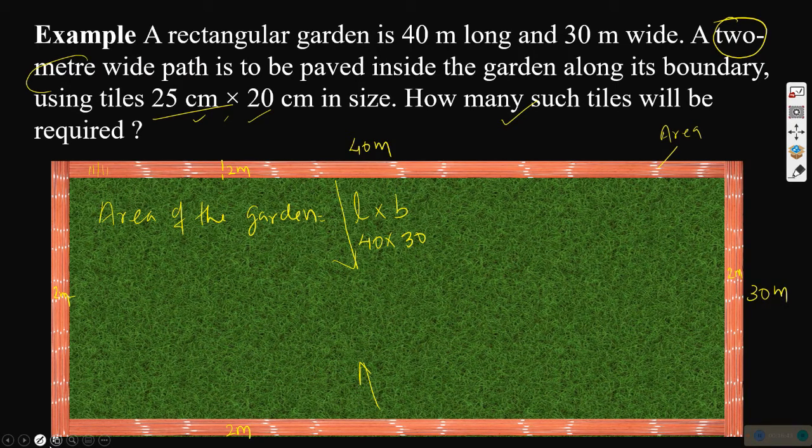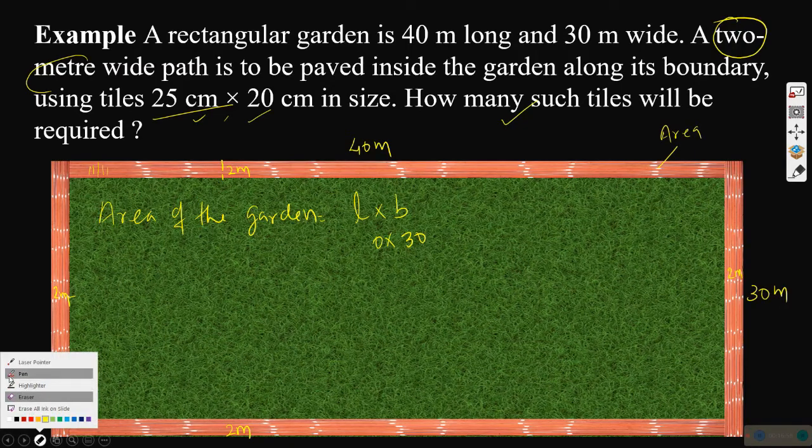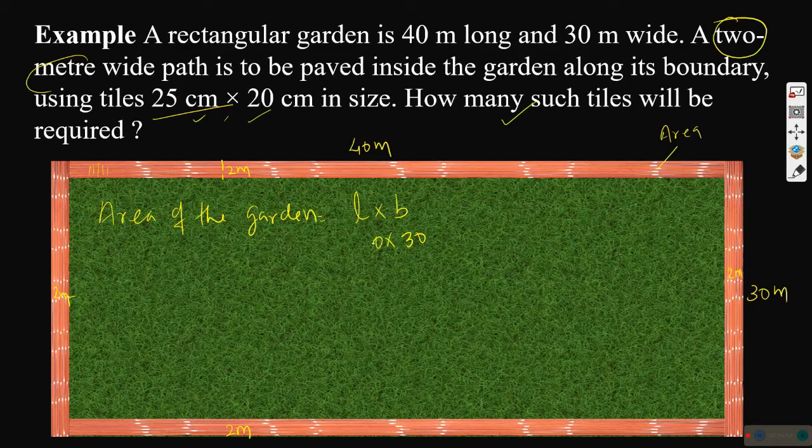Understood? Let me remove this. Okay. 40 into 30 is equal to 1200 and it is in meter. So square meter is the area of the garden.